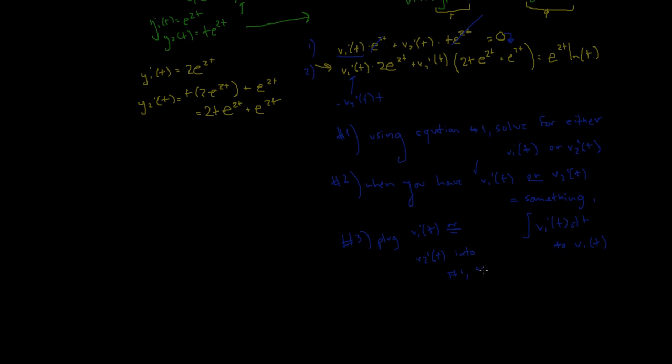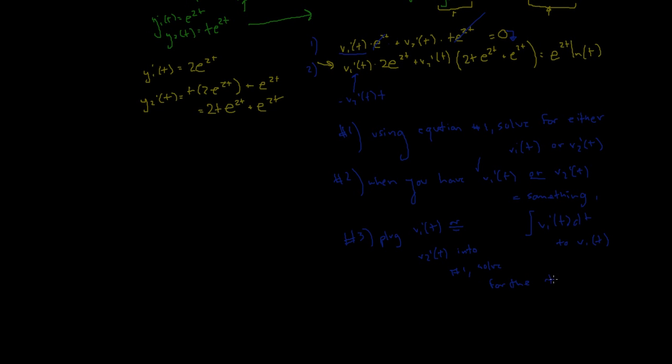So you just plug it in, solve for the other one, you'll have one equation, one variable. And then you integrate that one because that one's also going to be prime. Say that'll be this, and you'll get v2 of t.